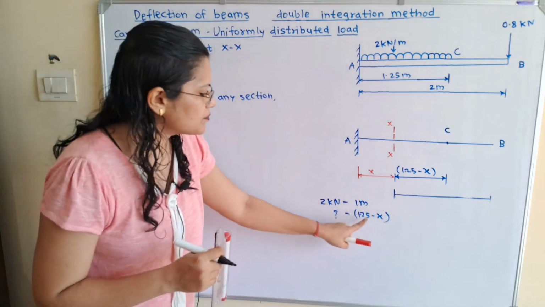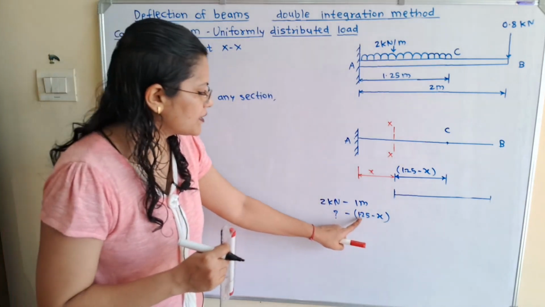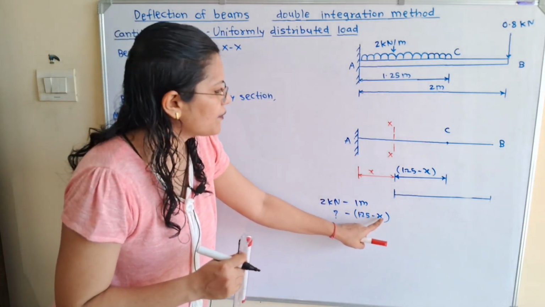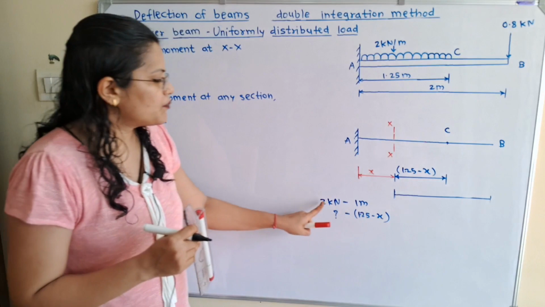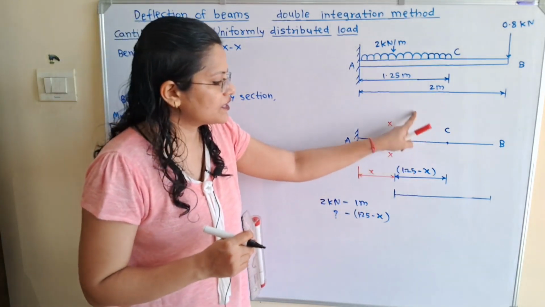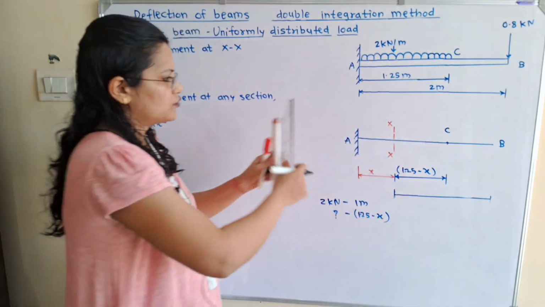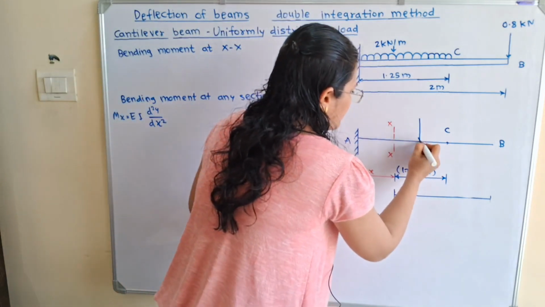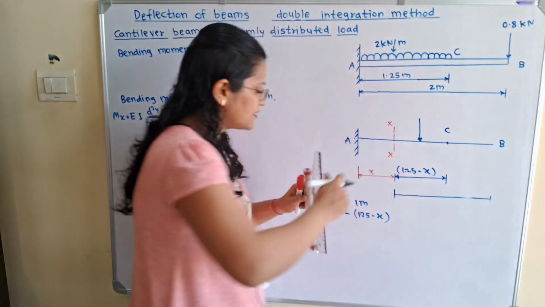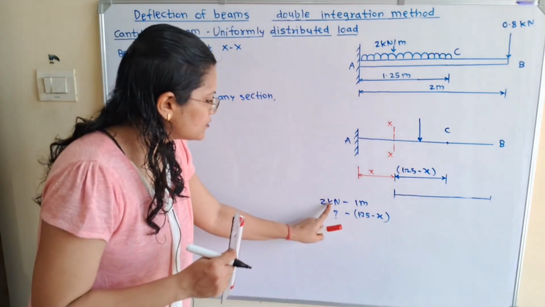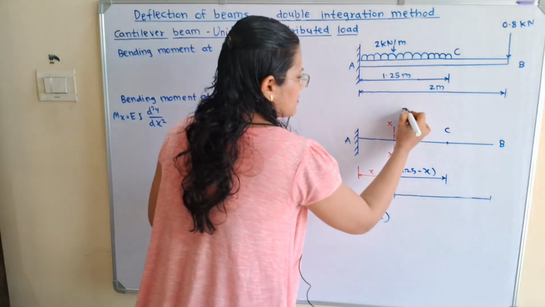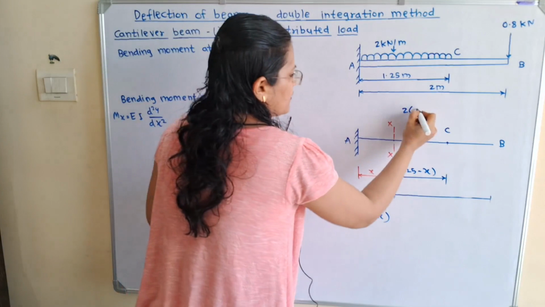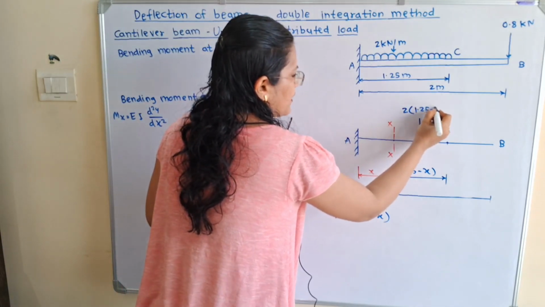So we will cross multiply this, that is 2 multiplied by 1.25 minus x, and the point of application of the load is the center point. So I will show here the center point in between the section XX and C, and the total load is 2 in the bracket 1.25 minus x.